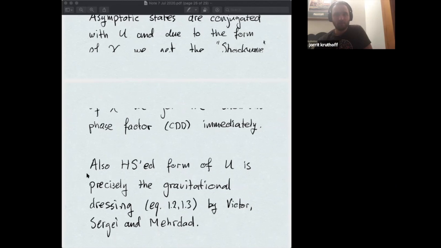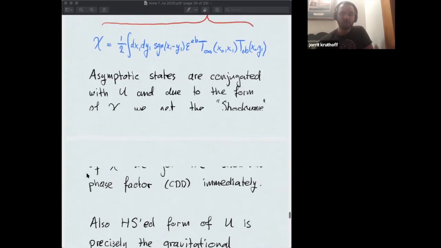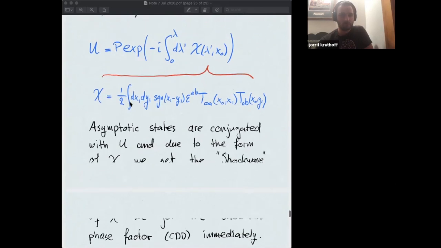And there you can rather quickly see that the correct phase factor is coming out. I'm not writing it precisely here, but if you want to look at more details, you can look at our paper. So that seems to work all very nicely: this unitary operator U gives you precisely the correct S matrix.